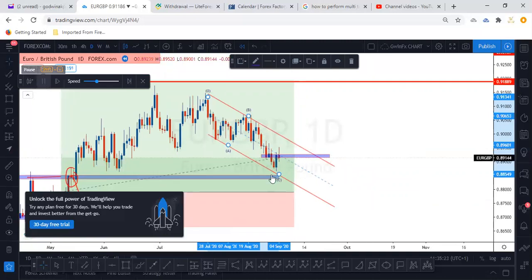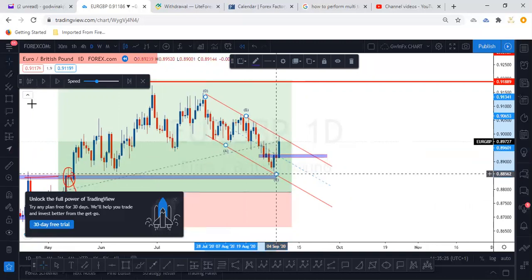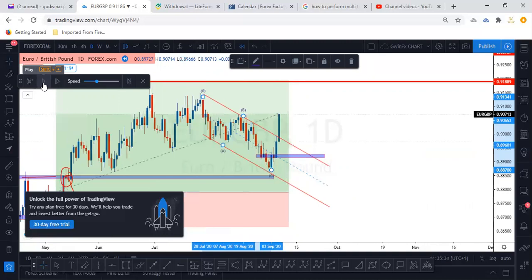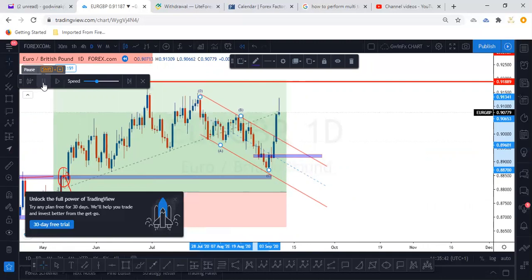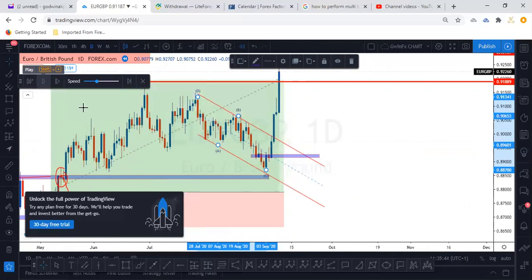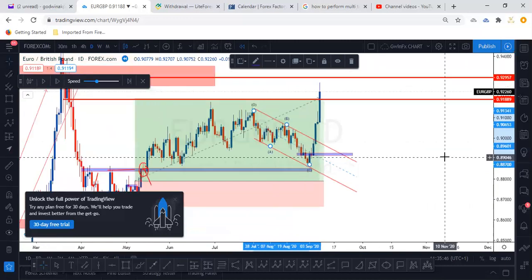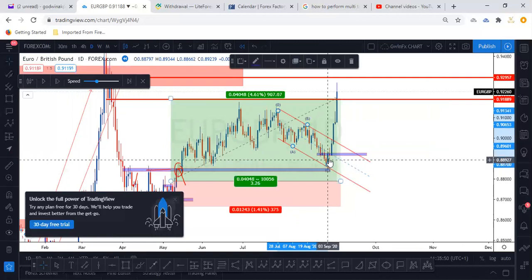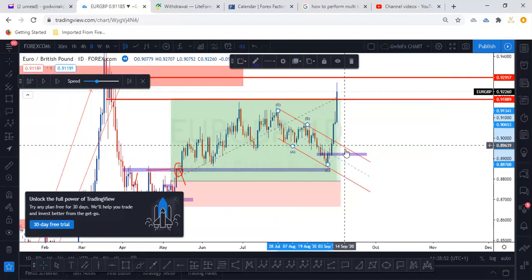We're not sure if this was our C or we're going for a C. We need to stack up confirmations to see a breakout of the B. Whoa, that's crazy. Wow, that's cool. So in 1, 2, 3, 4, 5 days, it hit our TP1.